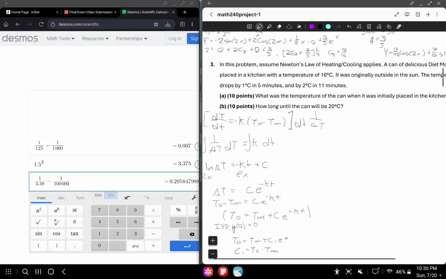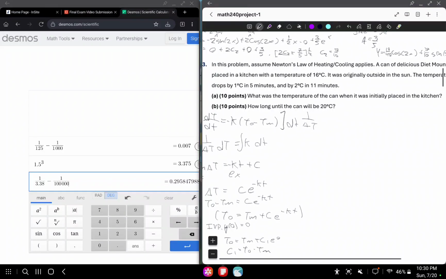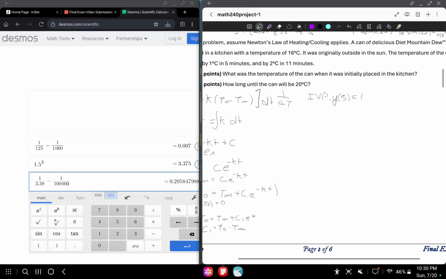What is the temperature of the can when it's initially placed in the... So we have two IVPs. The first: 1 Celsius in 5 minutes, so T(5) equals 1.